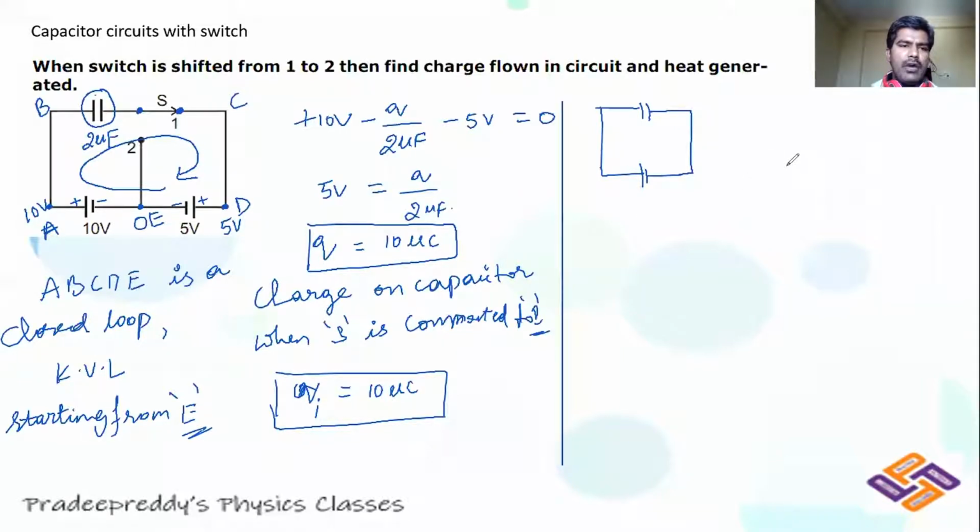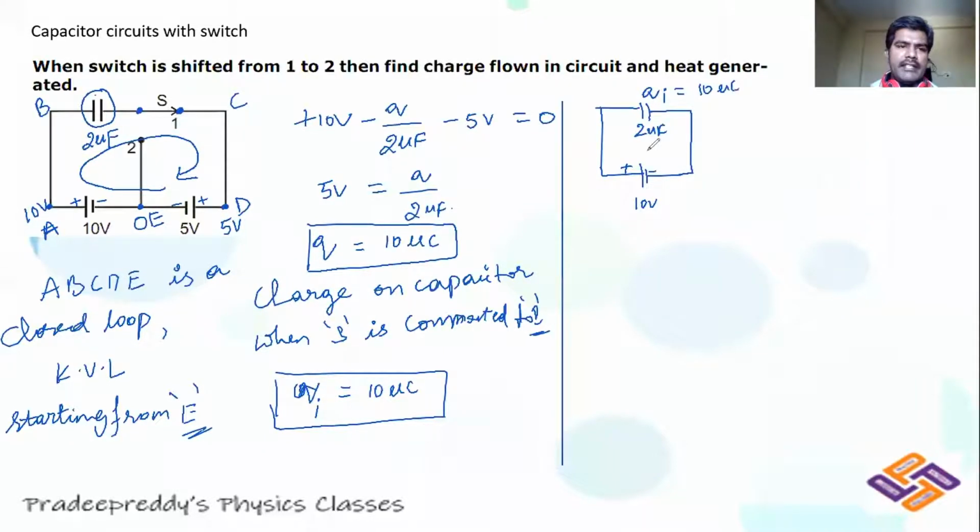The 5 volt is now disconnected. So when the switch is connected to S2, the 5 volt is useless in the circuit, and this is the 10 volt battery, plus and minus, and here is the 2 microfarad capacitor, which already has some charge. Q initial is equal to 10 microcoulomb.